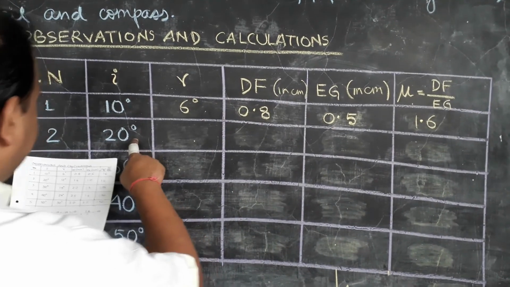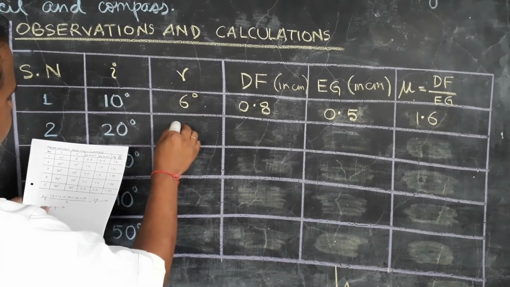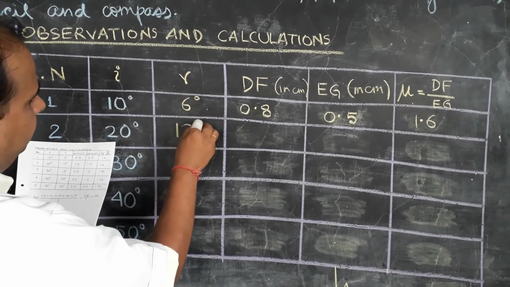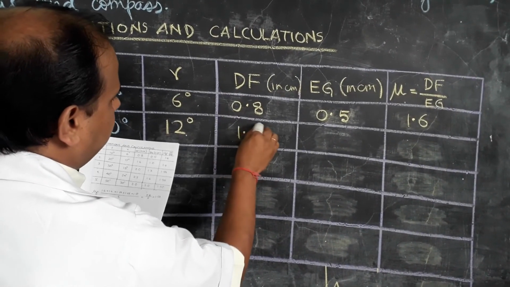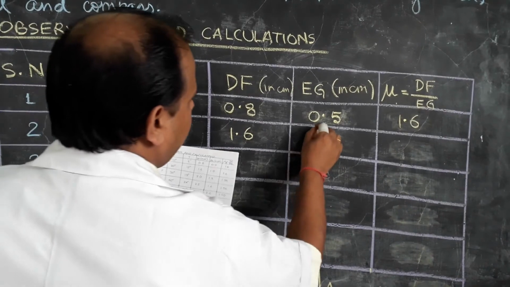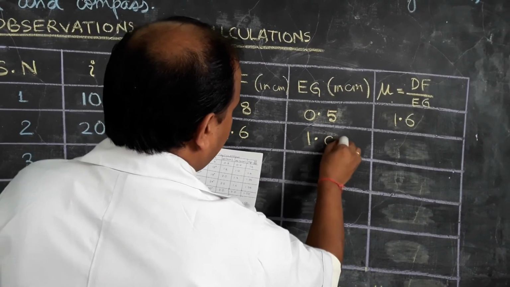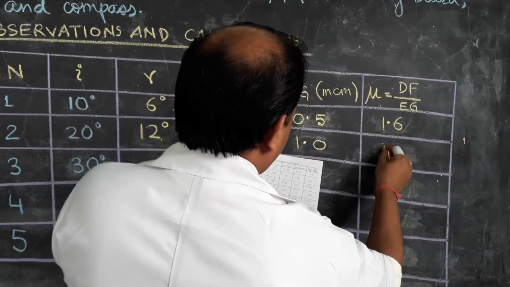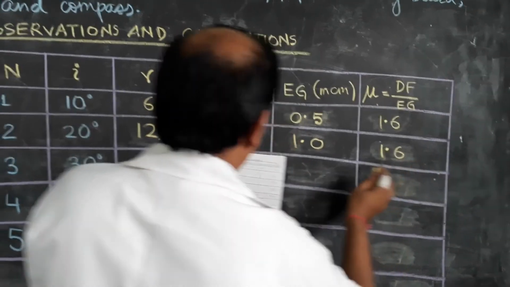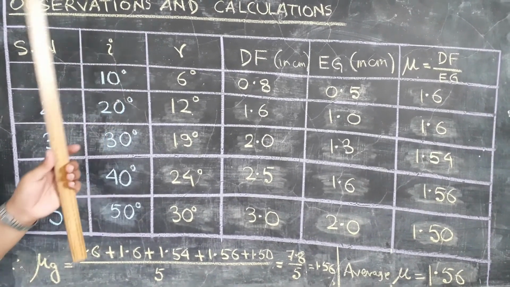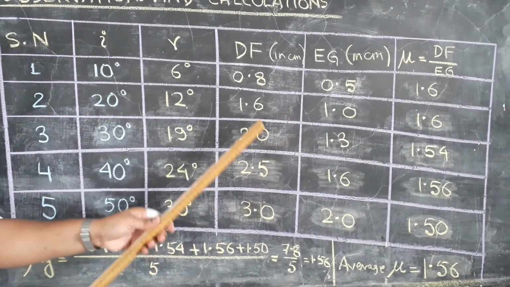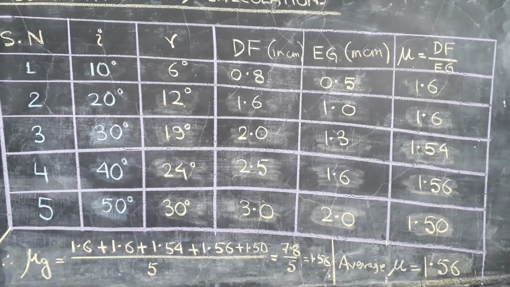For angle of incidence 20 degree, angle of refraction I have got is 12 degree, DF equal to 1.6 centimeter, EG is equal to 1.0. If you divide, you will get 1.6. So, these are the observations of the 5 experiments.